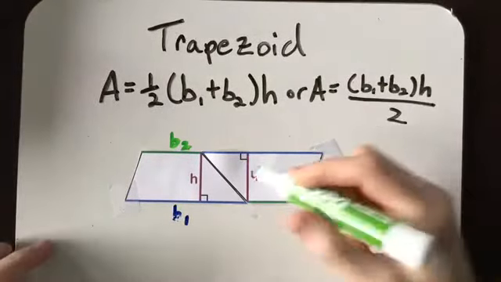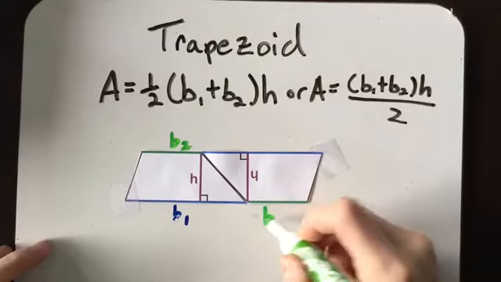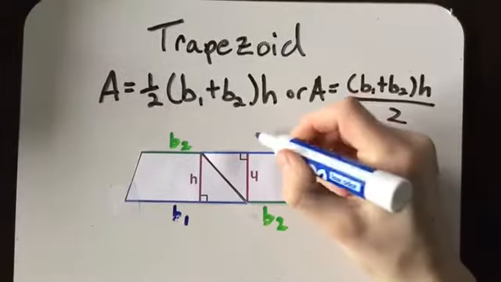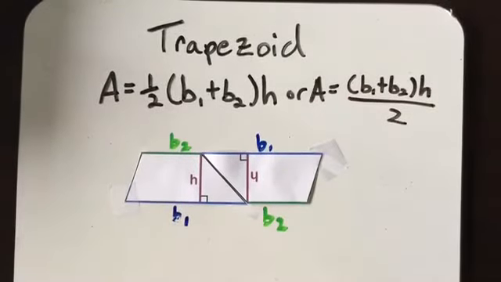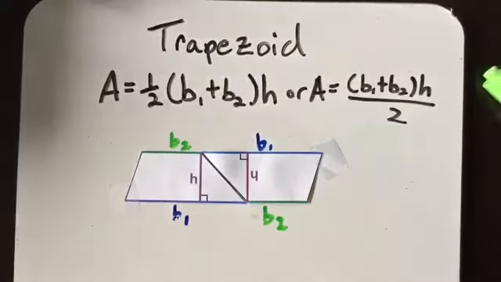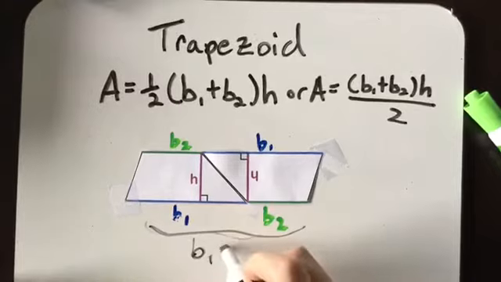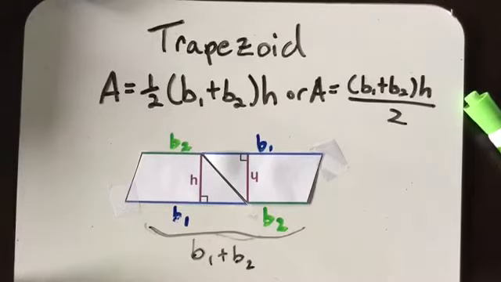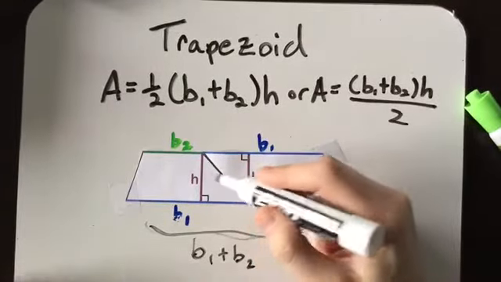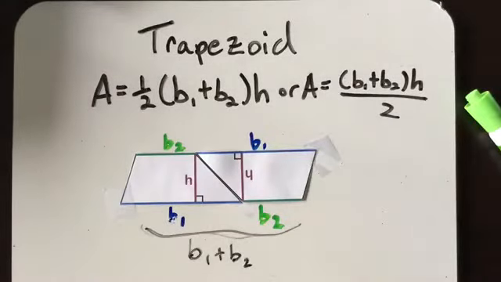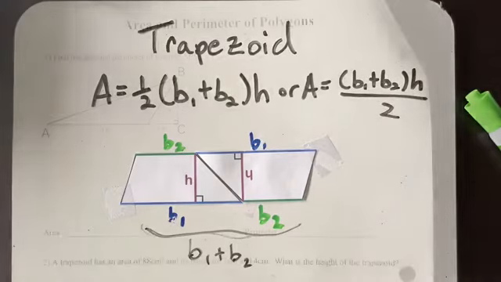When we duplicate our trapezoid and put it here, now we have a base 2 right there in green, and on the top, a base 1 in blue. So if we look at our base of our parallelogram, it is the sum of base 1 and base 2 times our height, and our trapezoid is only actually half of that, so the times 1/2 or the divide by 2. Okay, so now let's take these formulas, let's put them into practice in our booklet on page 22.